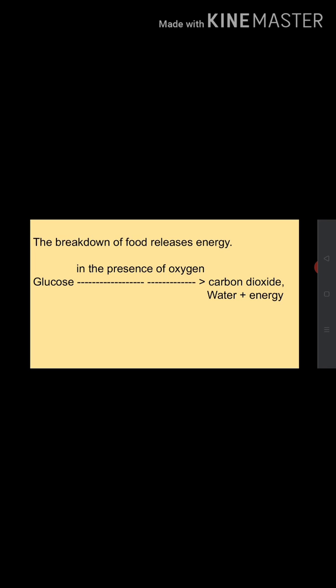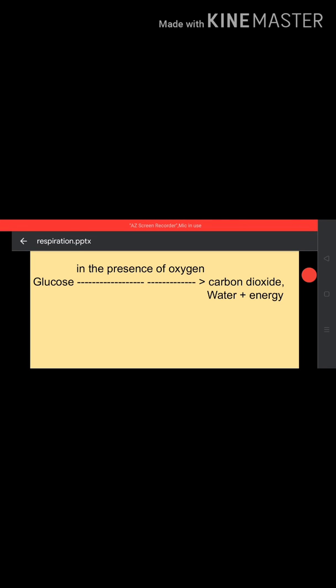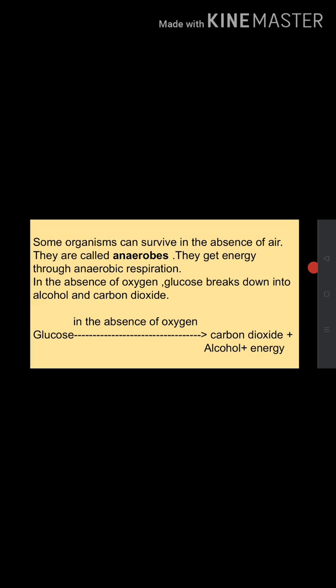There are some other organisms that survive in the absence of air, that is, anaerobes. These organisms can survive in the absence of air. They get energy through anaerobic respiration.